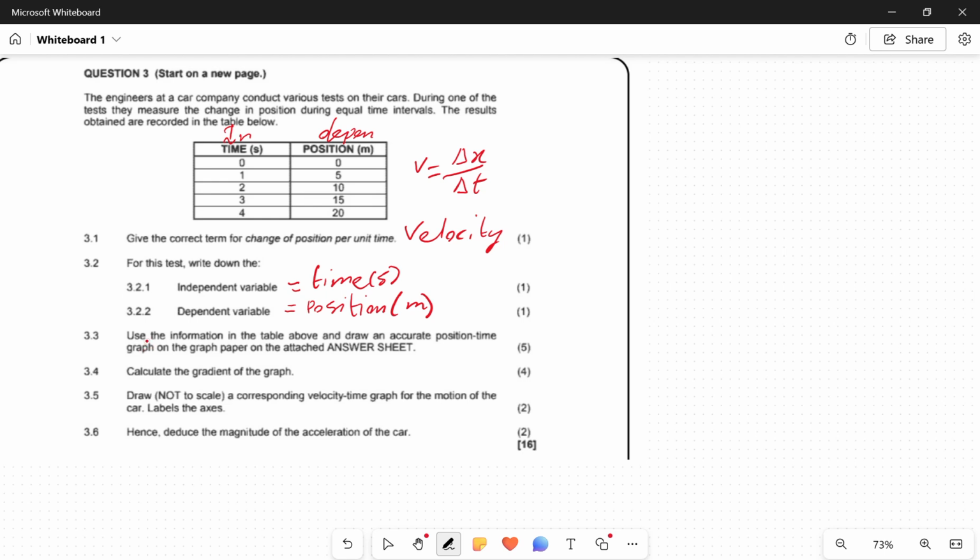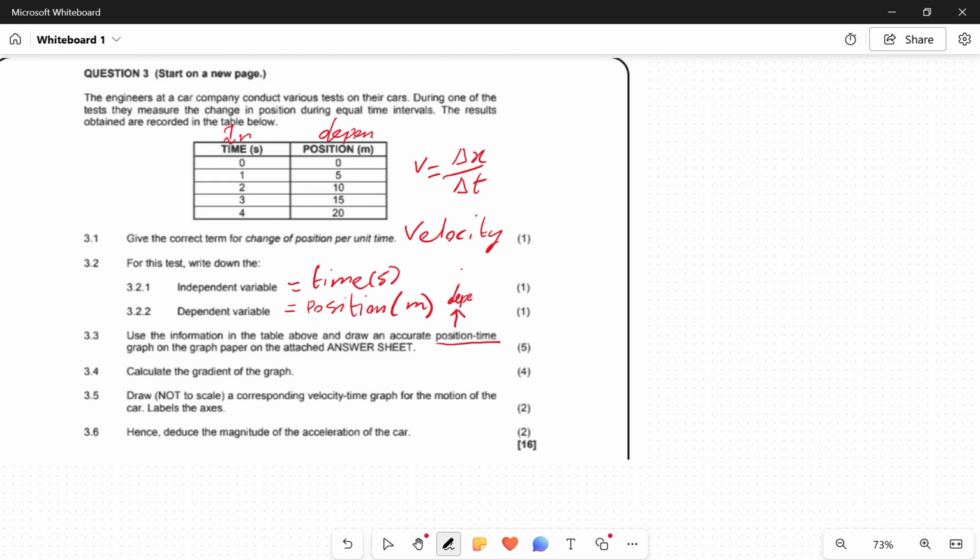The second part says use the information in the table above and draw an accurate position time graph on the graph paper that is attached on the answer sheet. I do not have the answer sheet, guys. Now let me tell you something about this name here, position time. When you see this, it means that the first thing mentioned is your dependent variable.